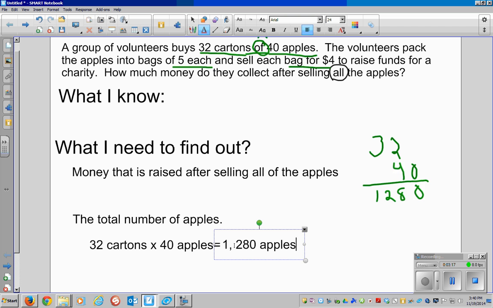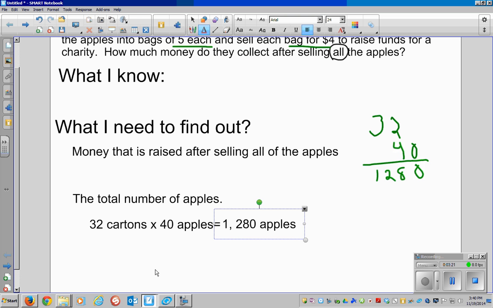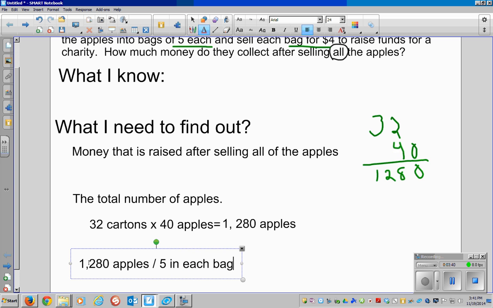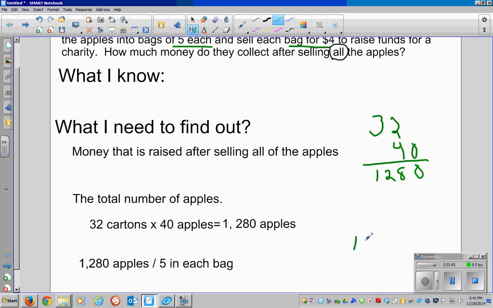Then it says the volunteers pack the apples into bags of 5 each. So my second step is going to be to take these 1,280 apples and divide them by 5. There's 5 in each bag. If I do the math for that, 1,280 divided by 5.